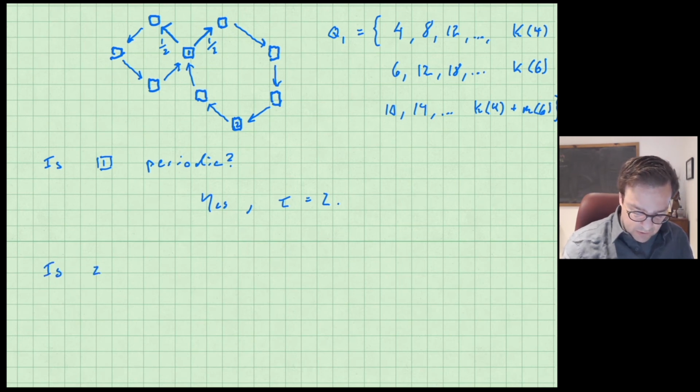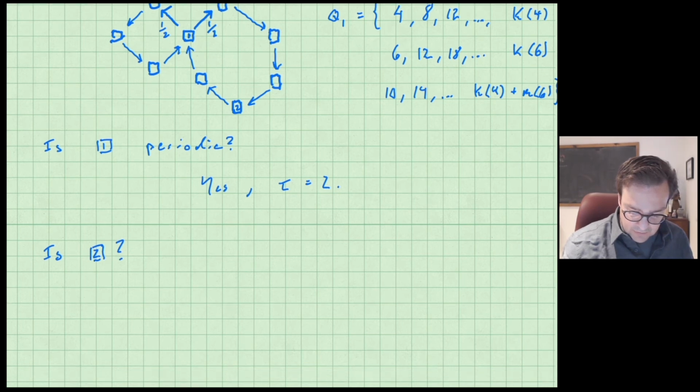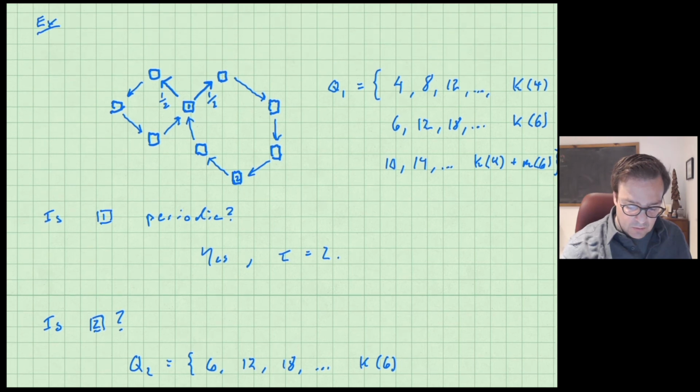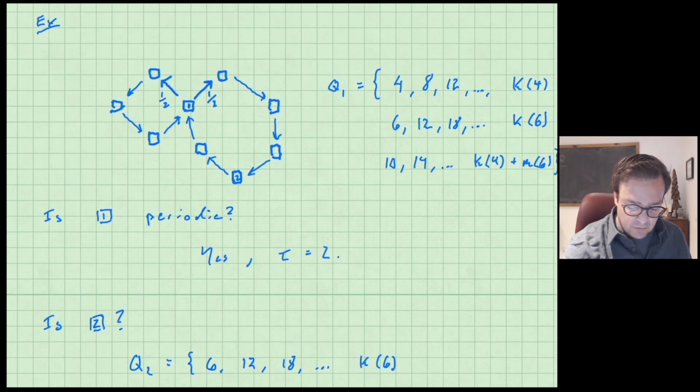We've got Q2, and it certainly has elements that are multiples of 6, so k times 6. And then let's look at the other possible routes you can have. So you can go 1, 2, 3, 4, 5, 6, 7, 8, 9, 10. So 10 would work. Just put that down there.